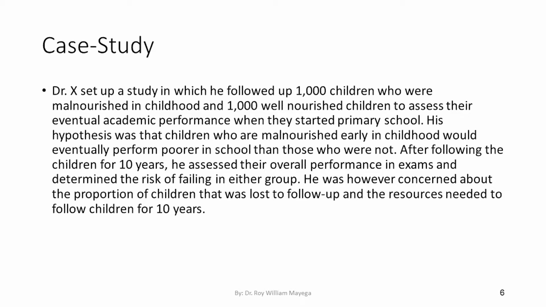His hypothesis was that children who are malnourished in early childhood would eventually perform poorer in school than those who were not malnourished. After following the children for 10 years, he assessed their overall performance in exams and determined the risk of failing in both groups, that is, those who had been malnourished and those who had not been malnourished.